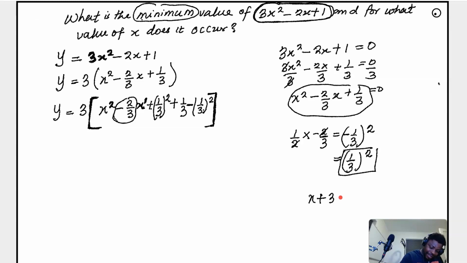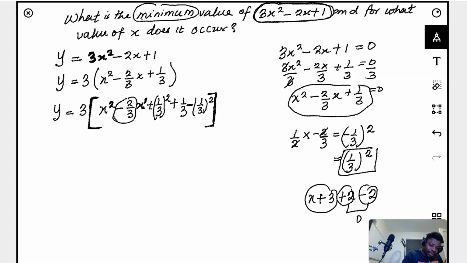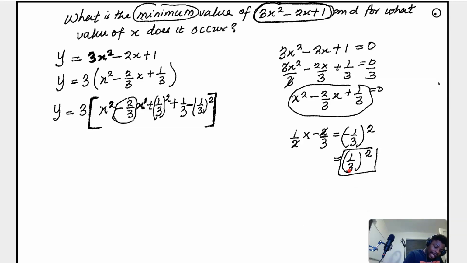So if I had plus 2 here, and I had minus 2, plus 2 minus 2 is 0. So I still have x plus 3. So it doesn't mean anything. It just says that I'm just balancing what I have. So if you add 1 over 3 squared here, you subtract 1 over 3 squared there.